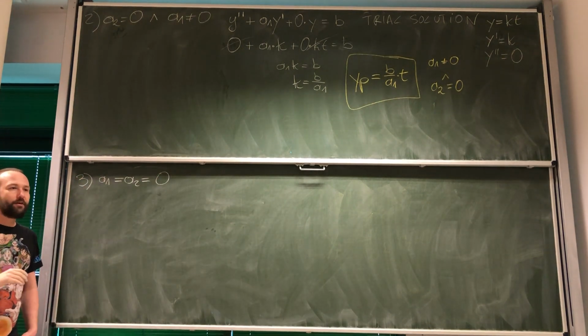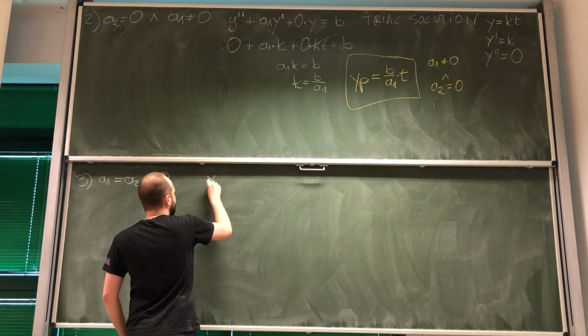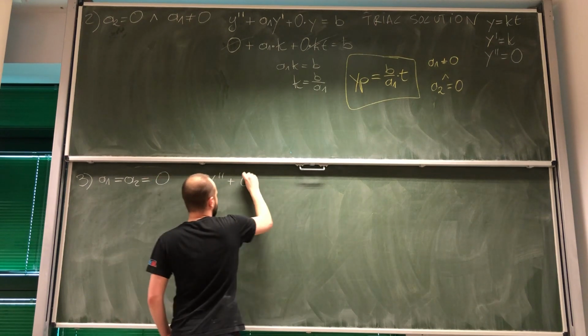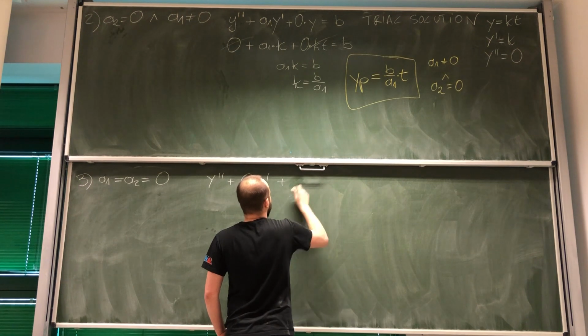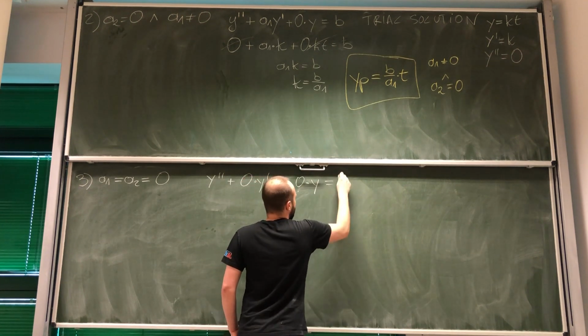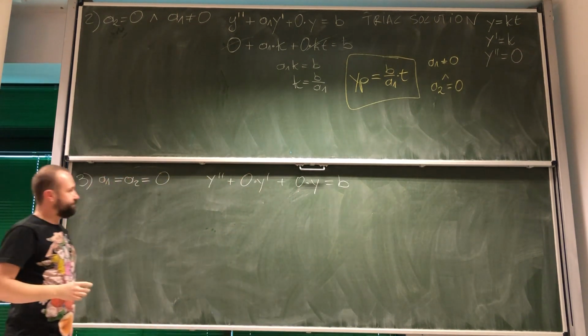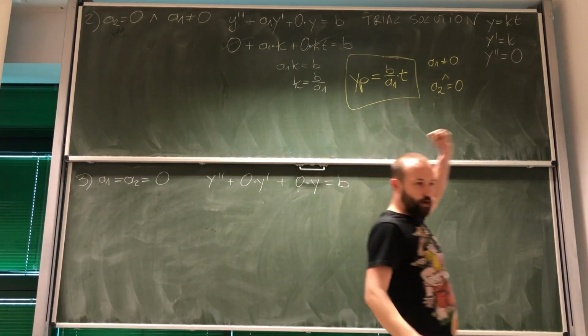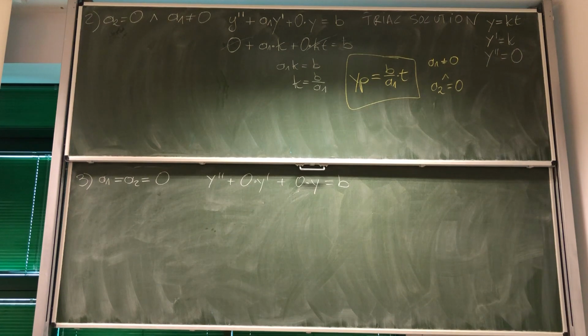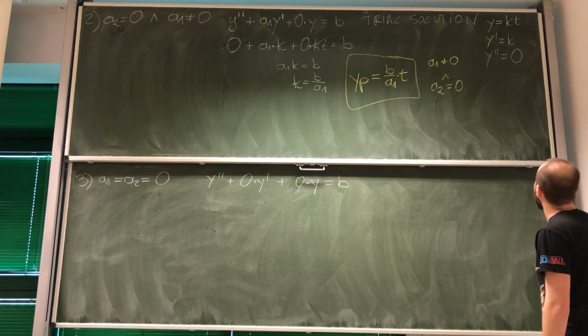So how does our equation look like? Well, it's simply y double prime plus 0 times y prime plus 0 times y equals to B. Now we know that this solution is also not going to work, so we're going to try the third simplest solution we can get.